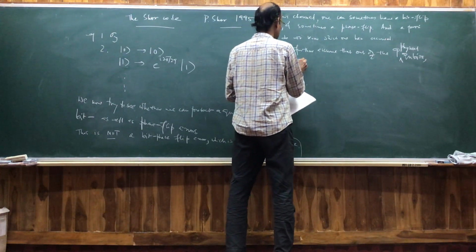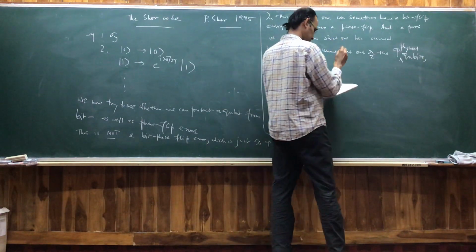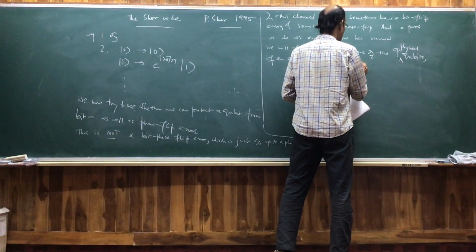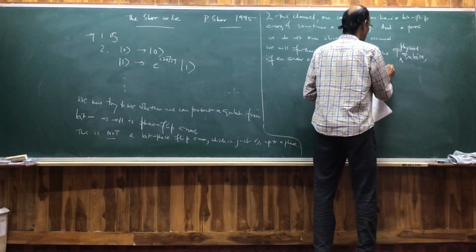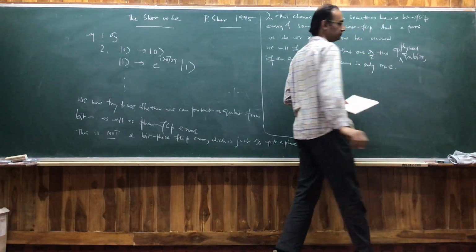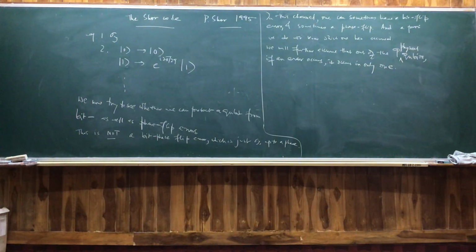If an error occurs, it occurs in only one. So this is a huge limit, a much stronger constraint on the amount of noise that is there in the channel.